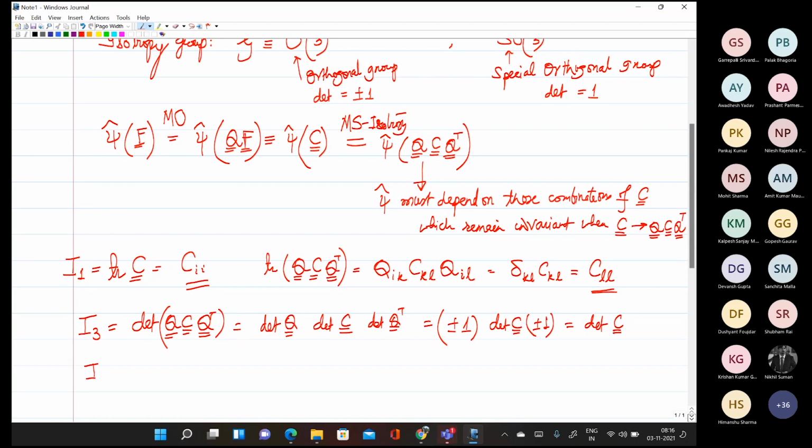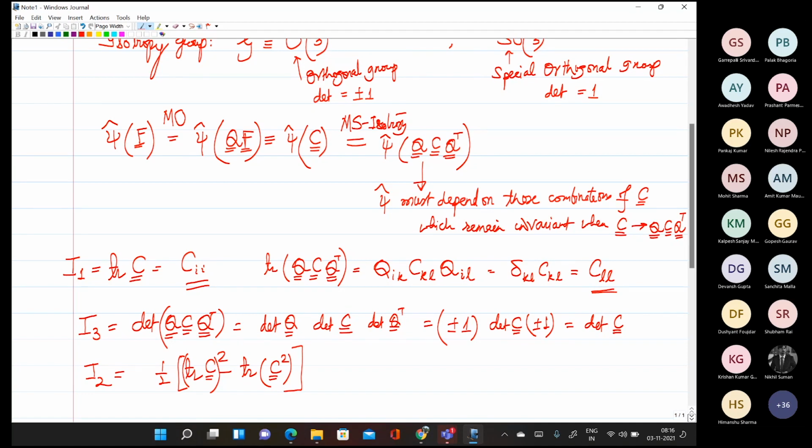So that's I2, and it's equal to half of trace of C whole square minus trace of C square. Okay.